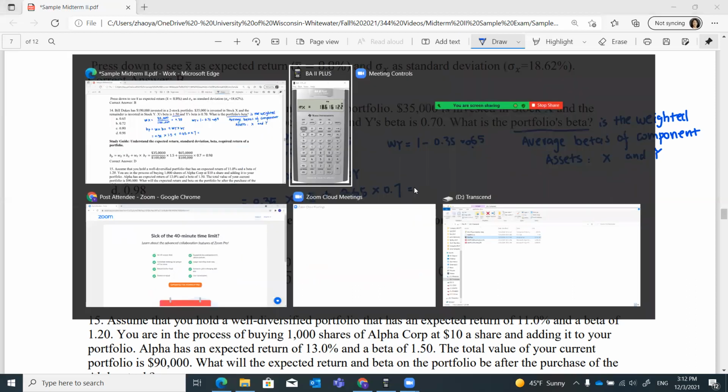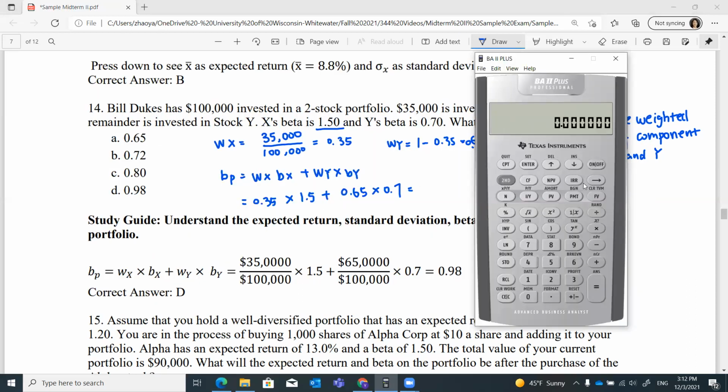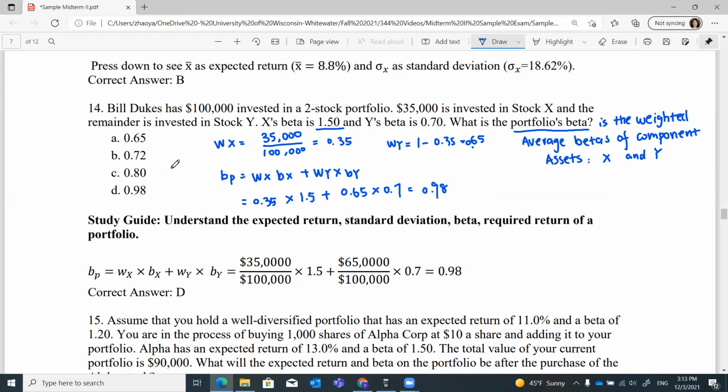So let's look at the calculation here. 0.35 times 1.5 plus left bracket 0.65 times 0.7, right bracket, gives 0.98. Correct answer is D here.